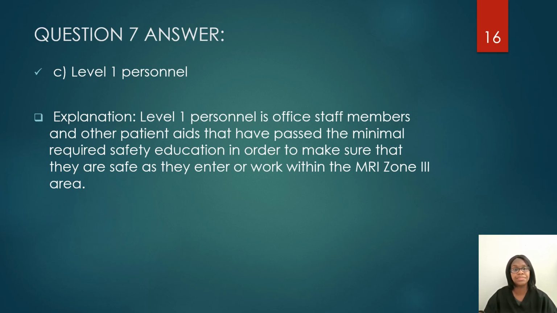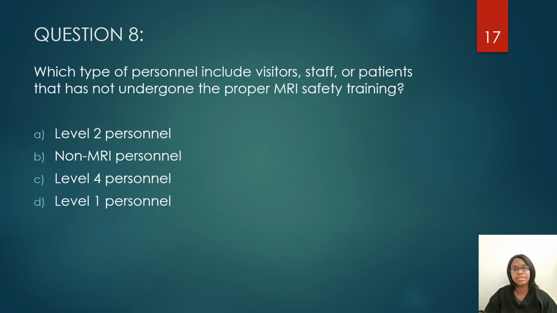Which type of personnel includes visitor, staff, or patient that has not undergone the proper MRI safety training? Level 2 personnel, non-MRI personnel, Level 4 personnel, or Level 1 personnel.